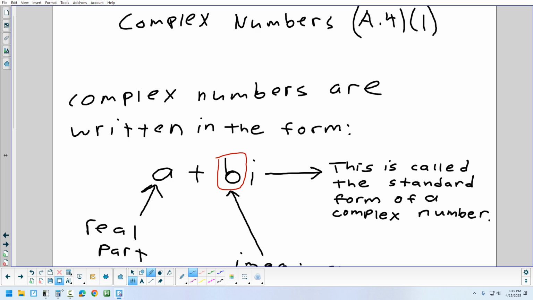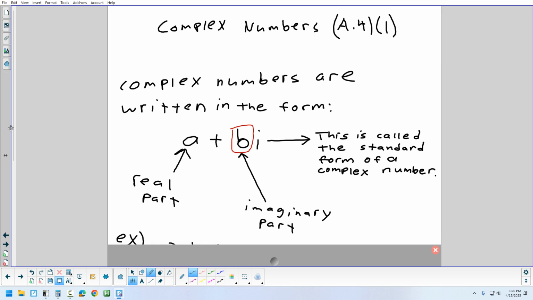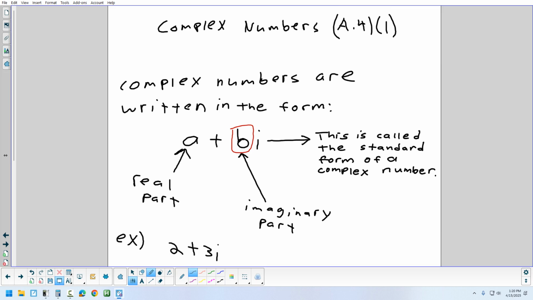So when you write a complex number, there is a certain order. You usually put the real part first, then you put the imaginary part second. So in this problem, if I were to ask you, what is the real part of 2 plus 3i?